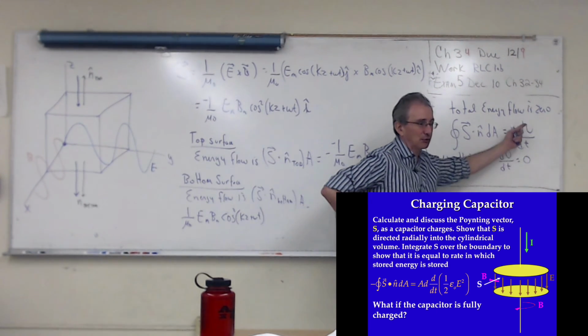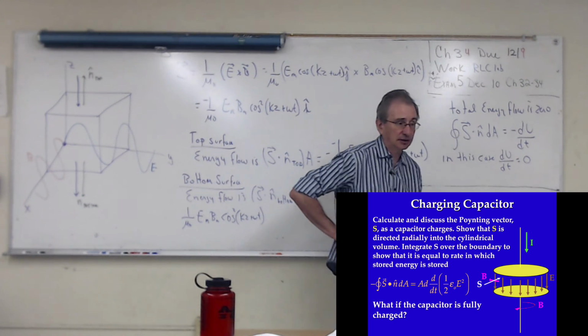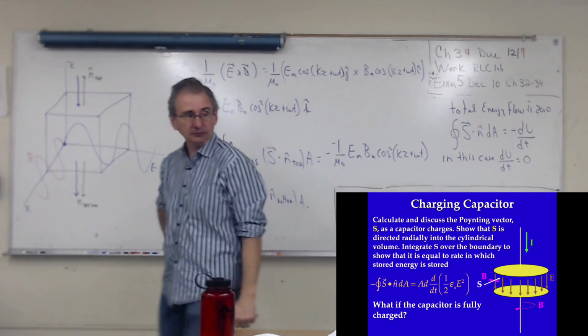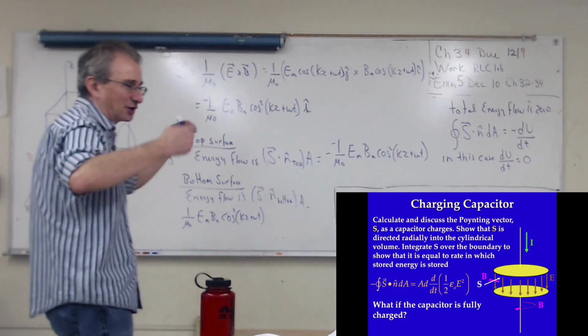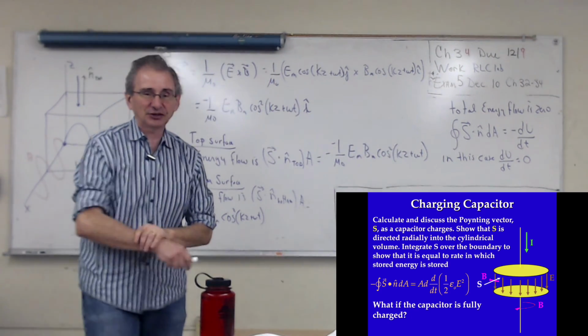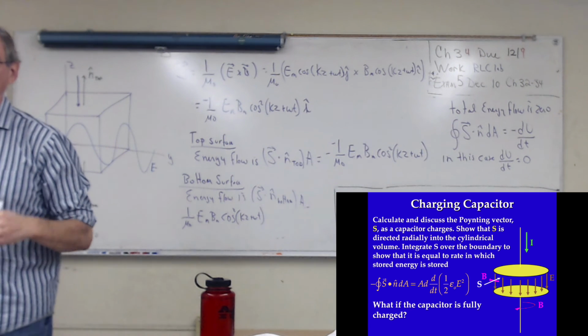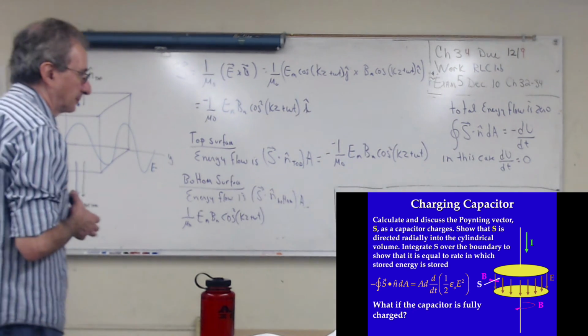I was going to show you that it's actually minus dU/dt here. And I was going to show you that S points radially inward. You would think that the energy flows in the direction of the current, but it does not. It flows radially inward. Just calculate the Poynting vector, and you'll see that. That's a surprising result in this problem.